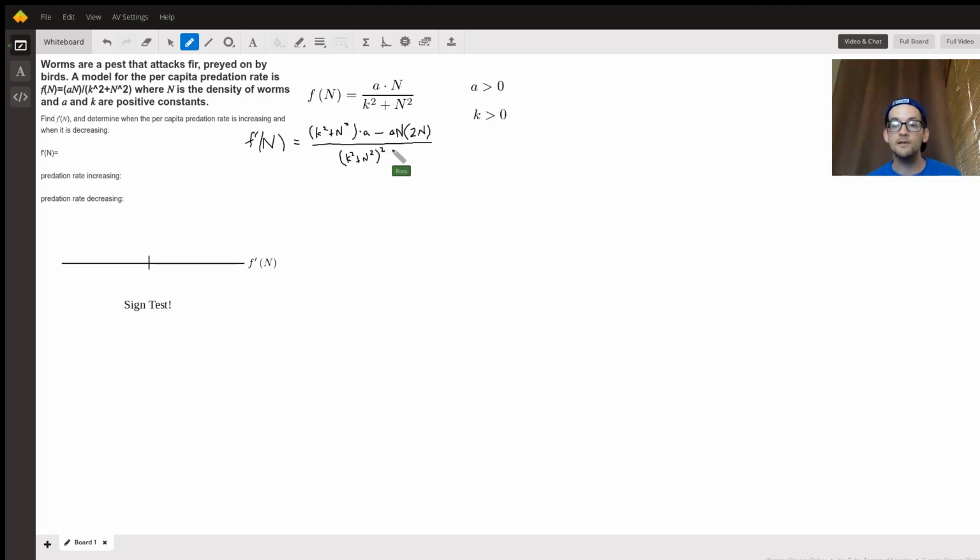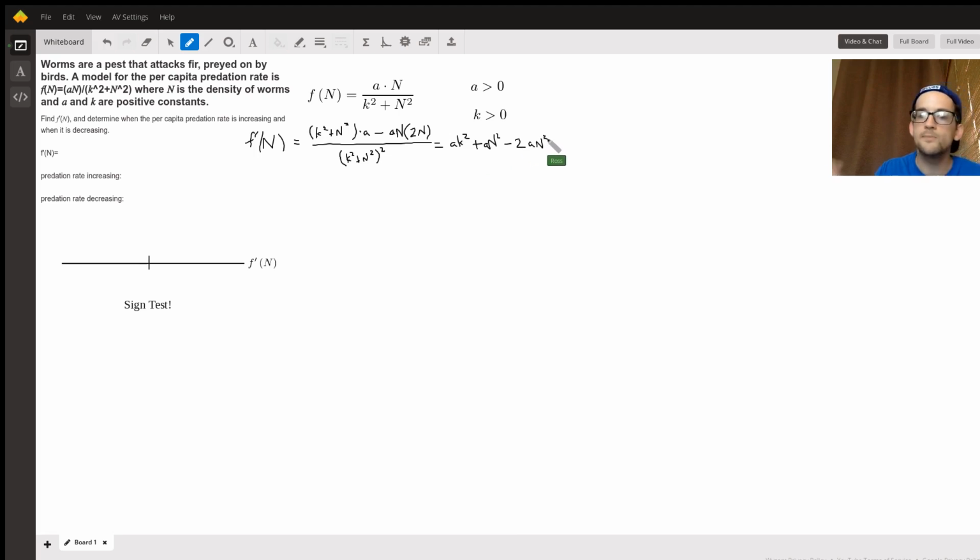So this looks pretty funky, but luckily there's a couple tricks here that are going to help us to ignore part of it. But before we do that, we're going to clean this up a little bit. Up here at the top, I'm going to distribute and do some multiplication. If I distribute this a into the parentheses, I'll end up with a k squared plus a n squared, and then minus 2a n squared.